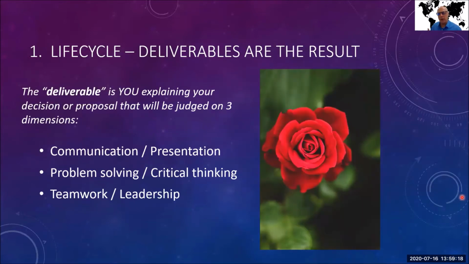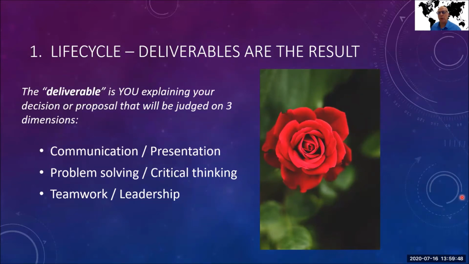So in each one of these scenes, in each section of the simulation, the deliverables are the result. So we're always working towards short-term goals that are contributing to a long-term goal. So the deliverable is just you explaining your decision or your proposal, and that's going to be judged based on 3 dimensions or 3 skill sets that we talked about a little bit earlier: communication, problem solving, and teamwork.